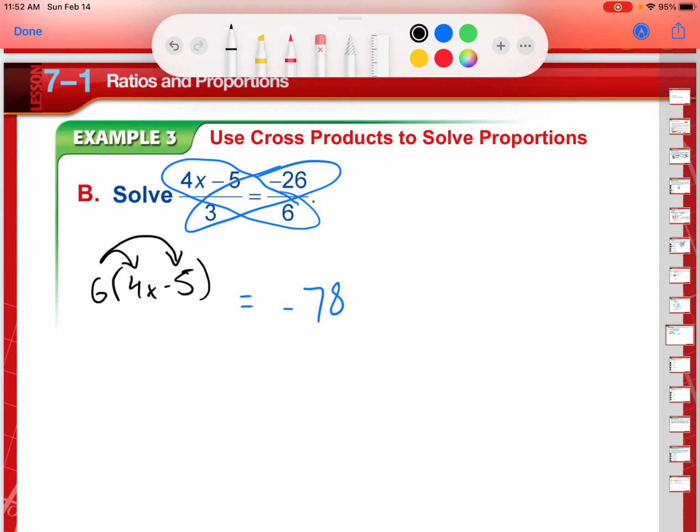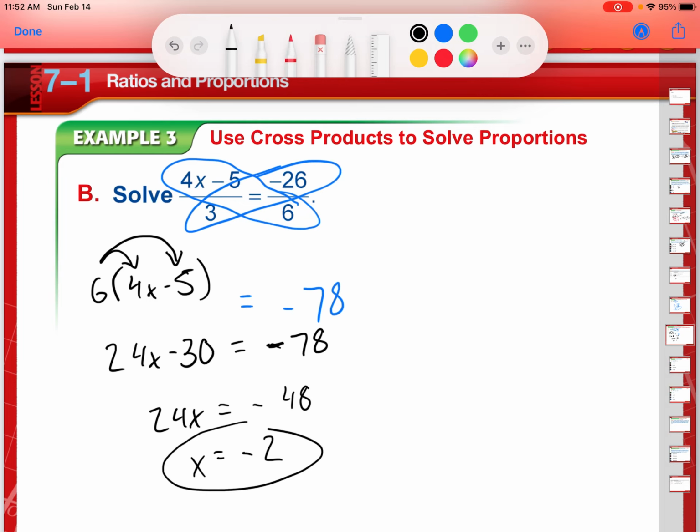It's a very common mistake I see. So 24x minus 30 equals negative 78. That was a nice negative sign there. So we would go about solving this, and we would say 24x equals negative 48, aka x would equal negative 2.